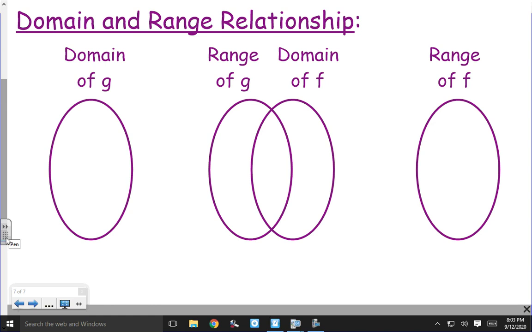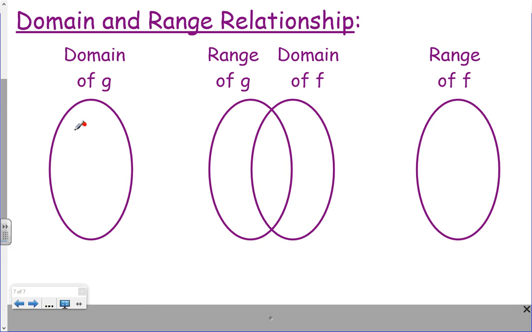Let's suppose that I take some point right here, we'll call it x1, and I plug it into function g. And let's suppose that when I do that, the point lands right here. This right here is g of x sub 1. When I plug this into function g, I end up there. Because I landed in the range of function g, but also in the domain of function f, that's the overlap between those two ovals.